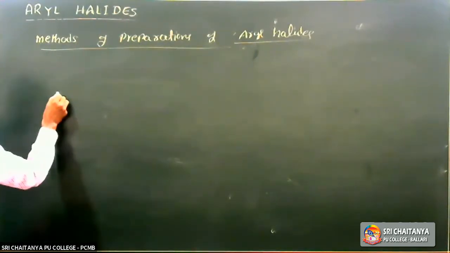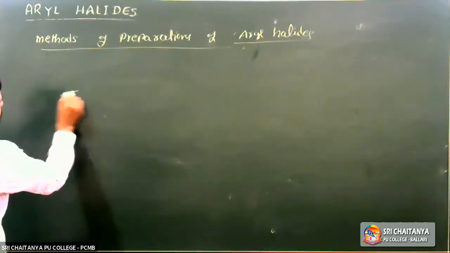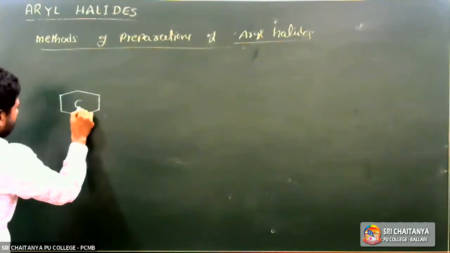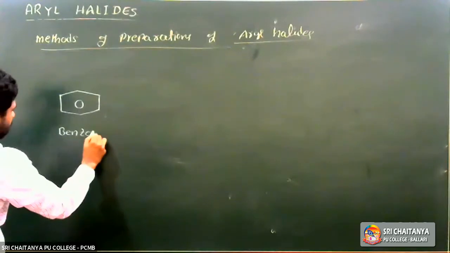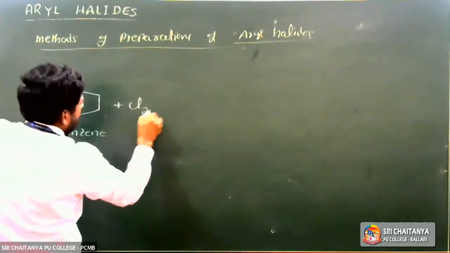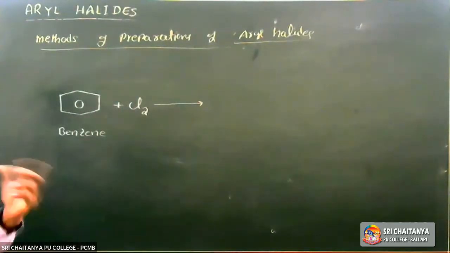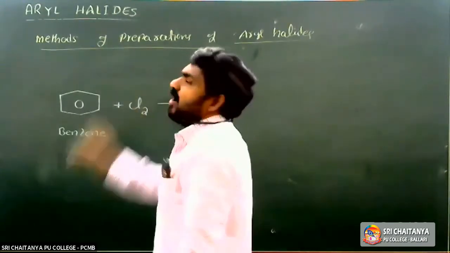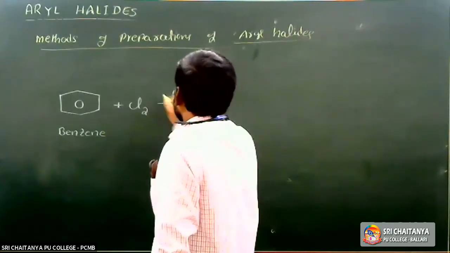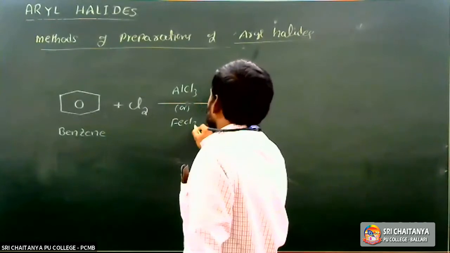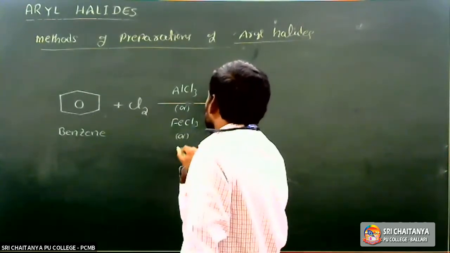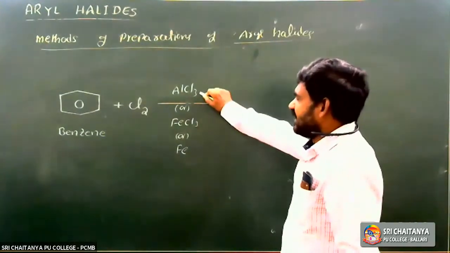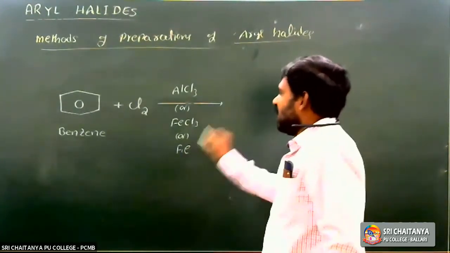Example, take chlorobenzene. Benzene is treated with chlorine in the presence of anhydrous aluminum chloride, AlCl3, or FeCl3, the Friedel-Crafts reagents, or even by using iron turnings or iron powder, Fe.